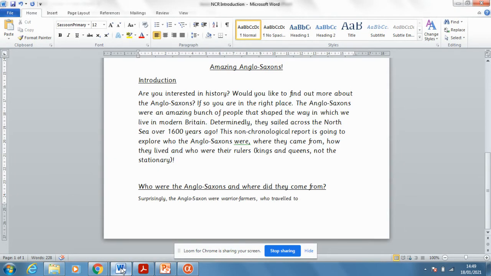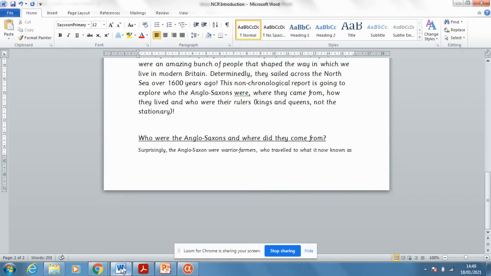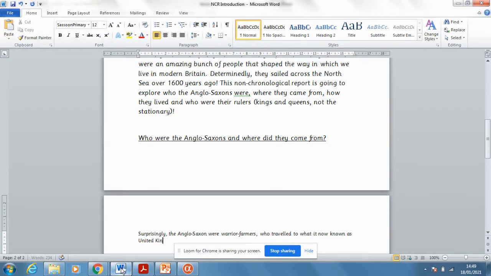Who travelled to what is now known as Britain, is now known as the United Kingdom, from Denmark, Germany, and the Netherlands.